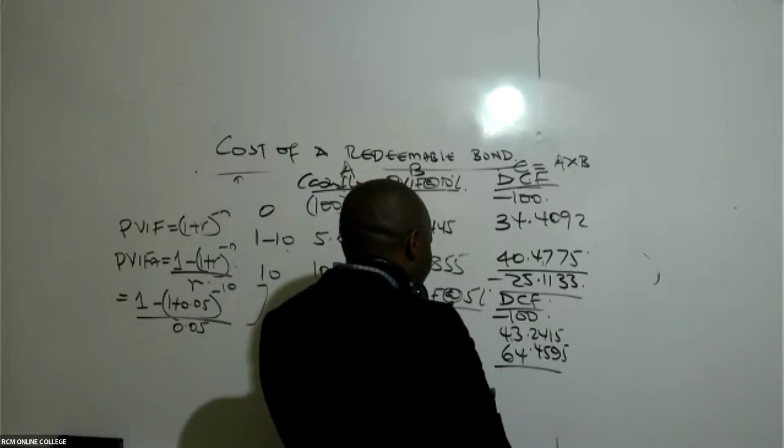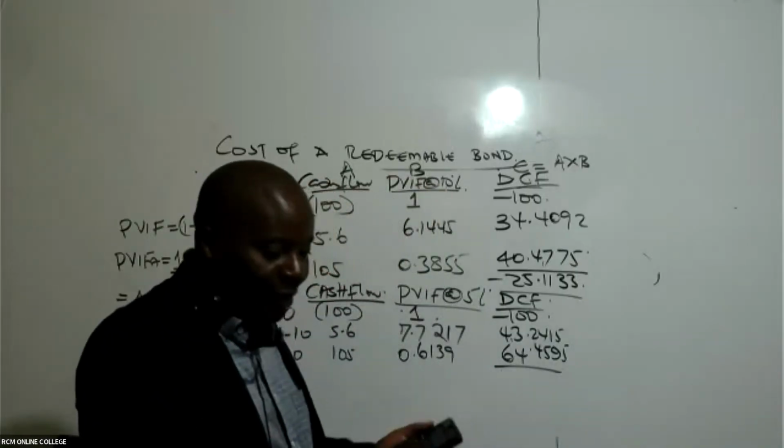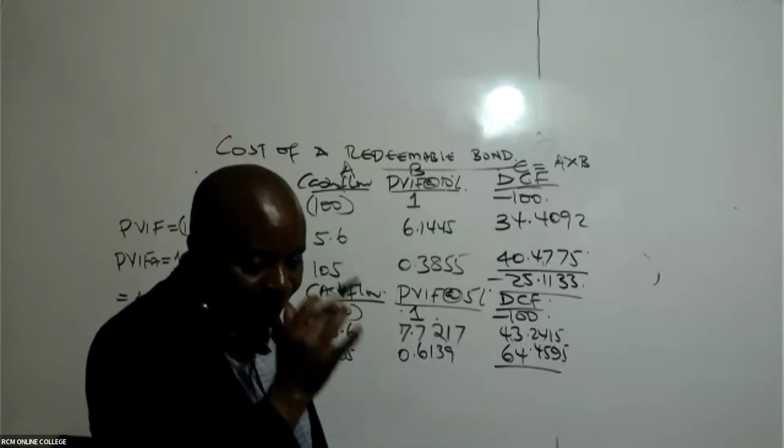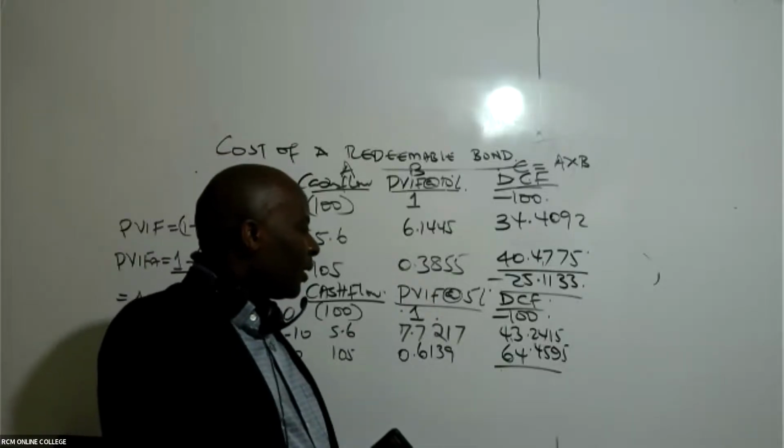So plus 43.2415 minus 100. What is the final answer here, somebody?